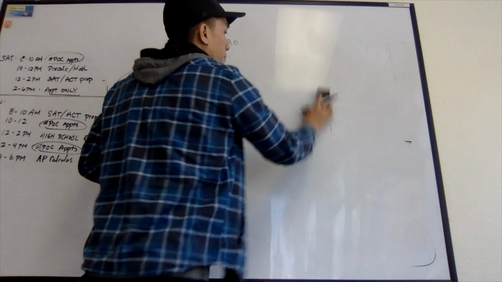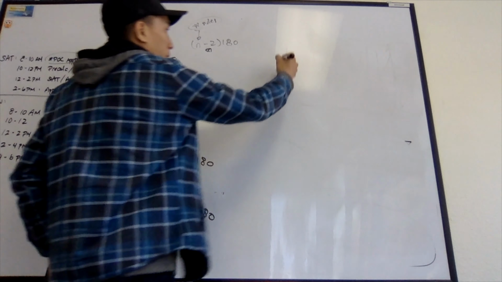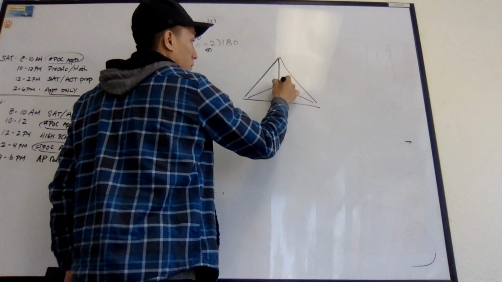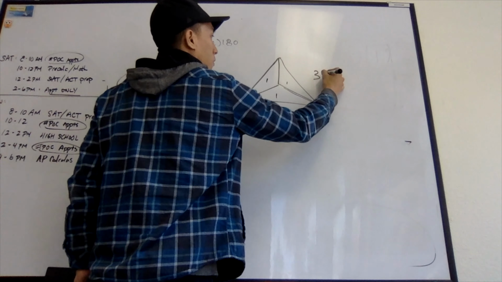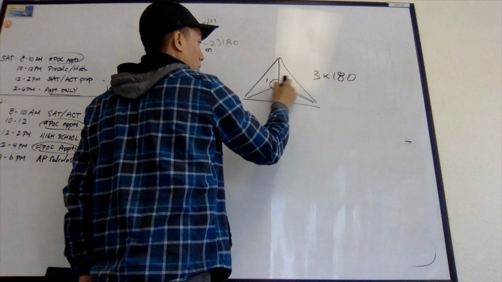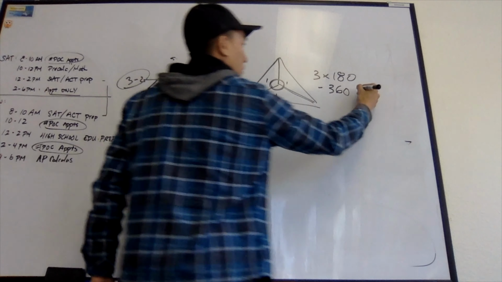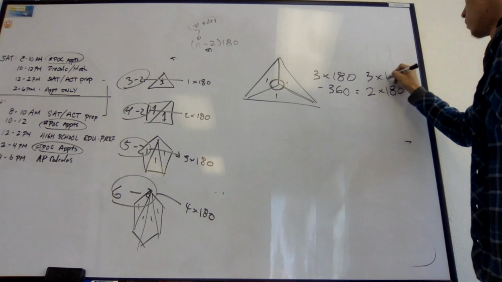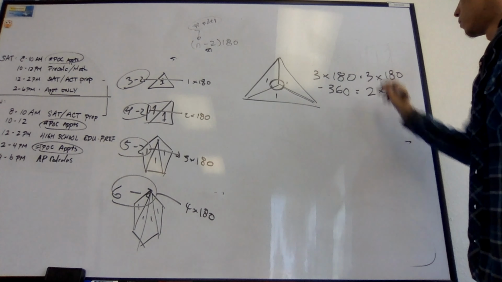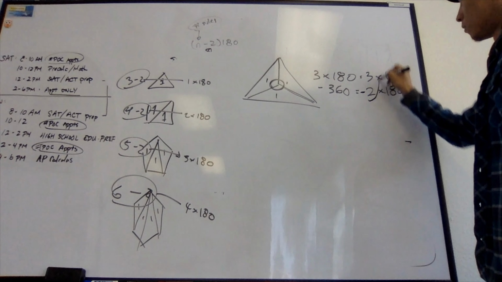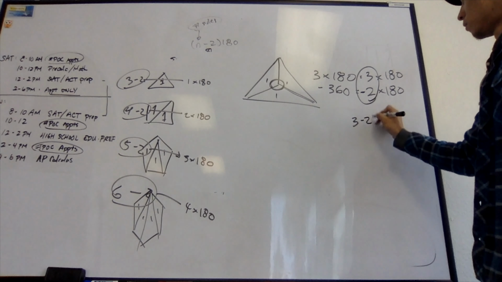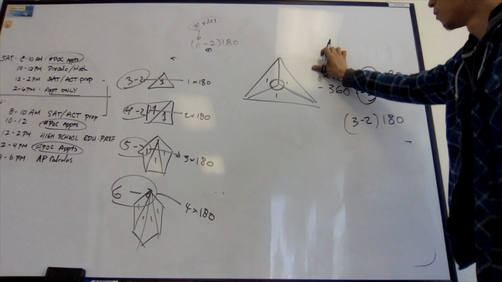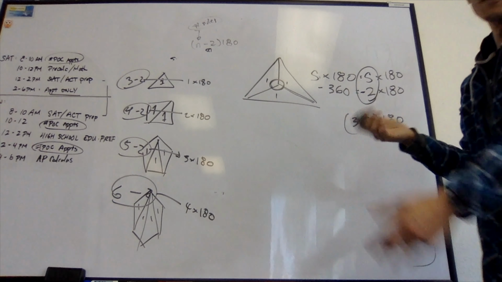However, here's the one that should make more sense. Or n for the number of sides, right?